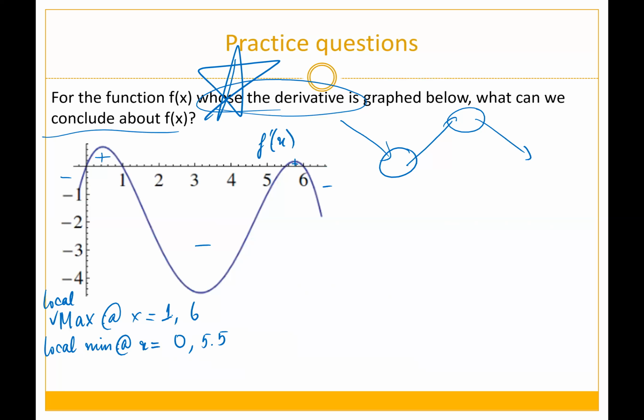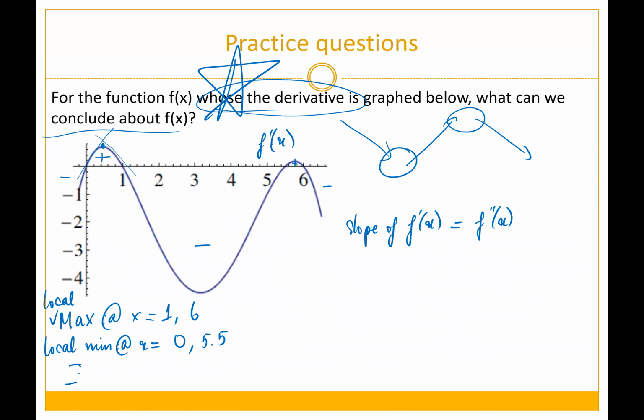Now let's see if we can conclude anything about concavity and inflection points. Now look at it here, the slope of the graph of f prime of x is going to be f double prime of x. So now let's see where the slope changes sign, and that should be pretty clear, where you have it going up and going down. So we have it going up here, and then the slope going down here. So the slope is positive here and changes to negative at this point. I would guess that's around half.